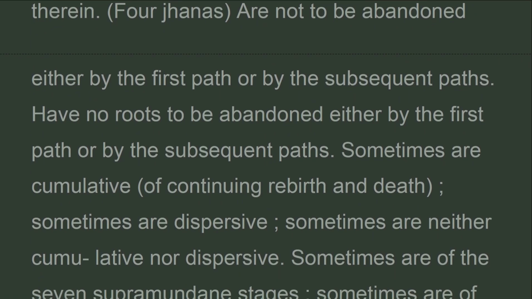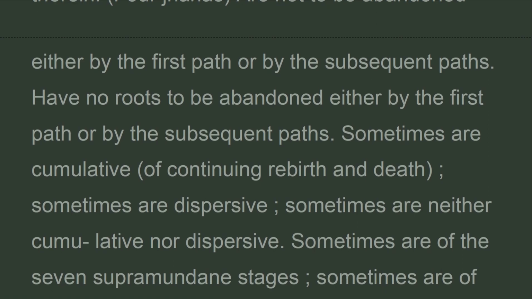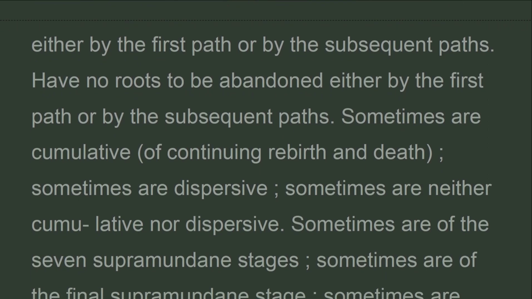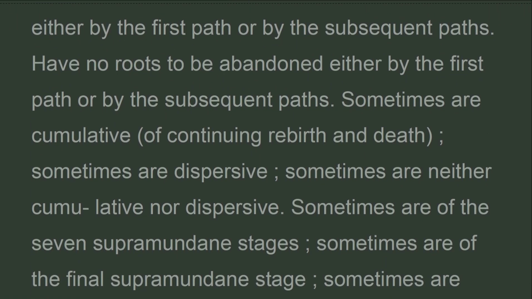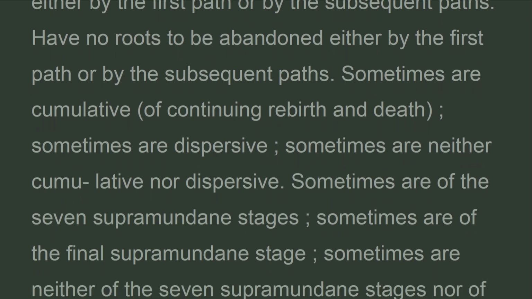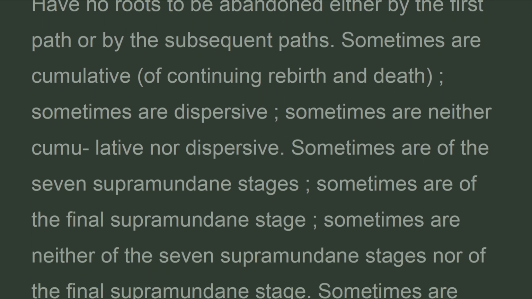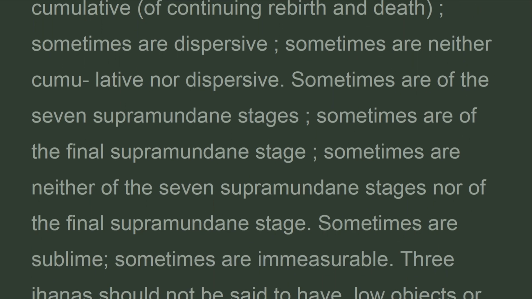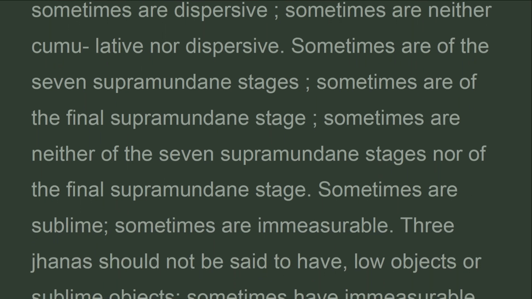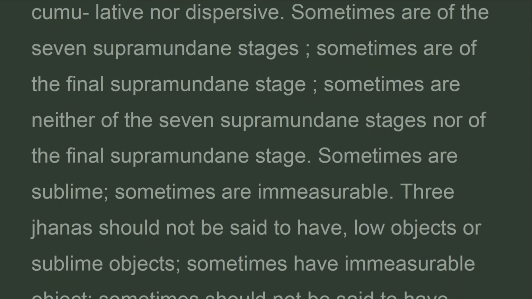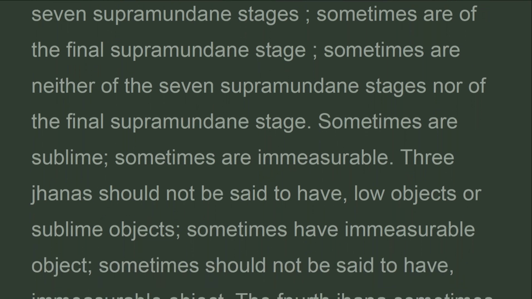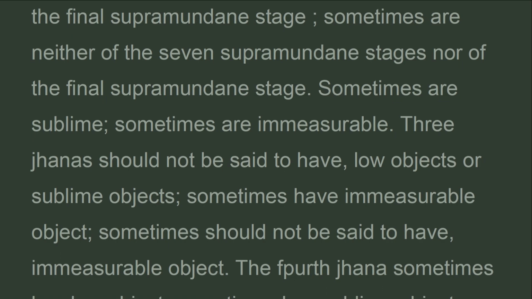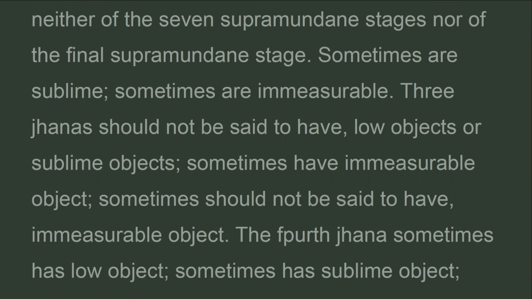Sometimes are cumulative, sometimes are dispersive, sometimes are neither cumulative nor dispersive, sometimes are of the seven supramundane stages, sometimes are of the final supramundane stage, sometimes are neither of the seven supramundane stages nor of the final supramundane stage, sometimes are sublime, sometimes are immeasurable.